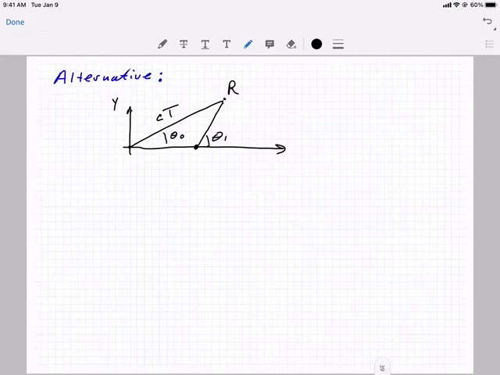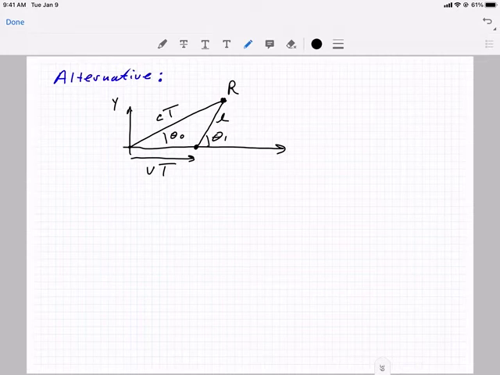In other words, at the moment that the receiver receives, the object is no longer where it emitted the photon, it's moved to this new location. This is velocity times time, and we're going to call this script L. So we've got this new angle theta 1, the angle to the object at the moment that the photon is detected at the receiver.